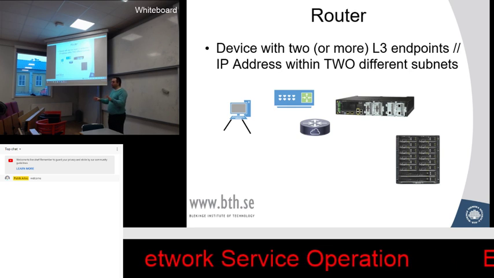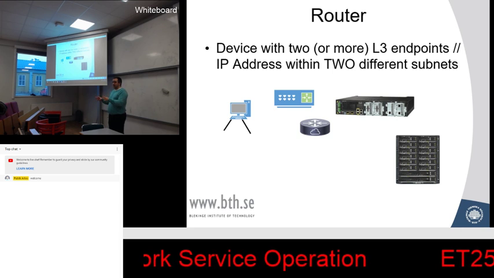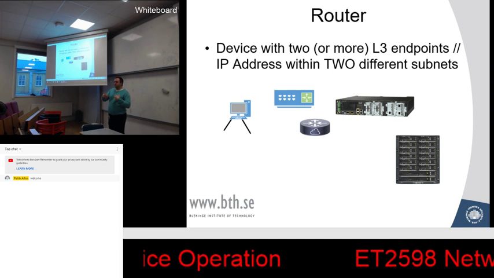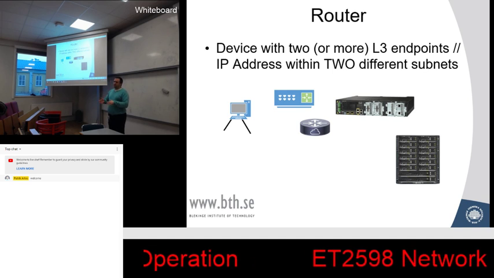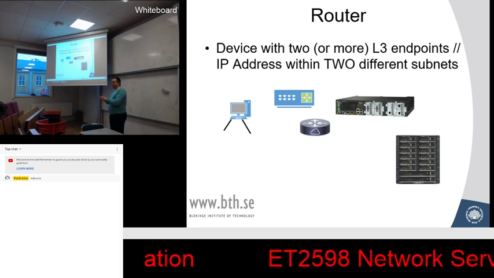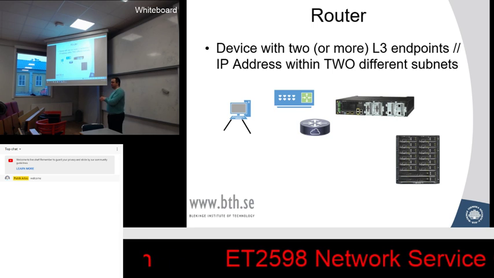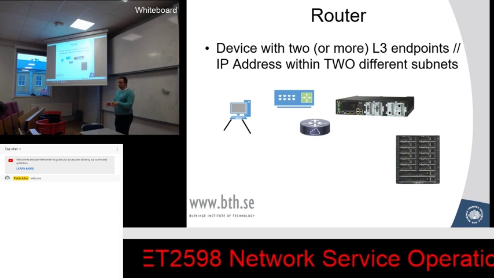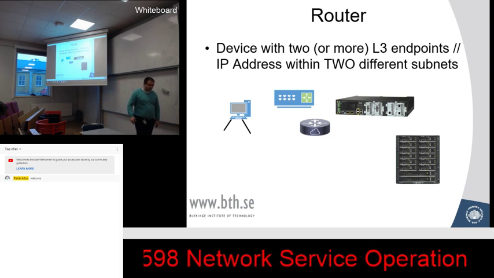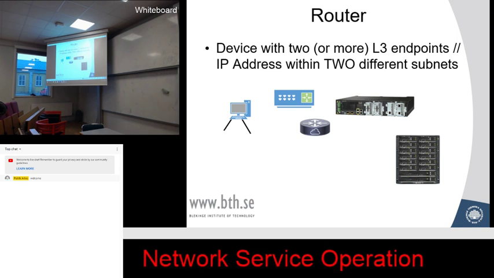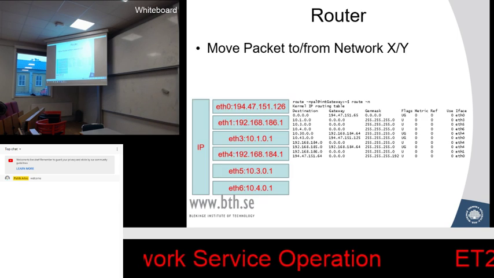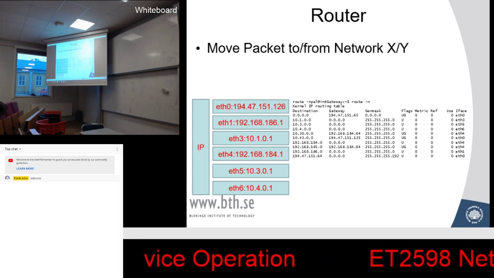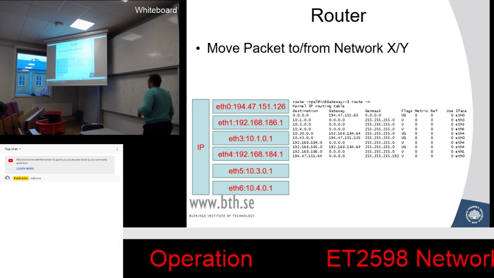That's the only thing it should do. It can do other things as well, like security, filtering, dropping, and stuff like that. But the primary task is to move packets from one network to another. That's it. No magic. Move packets to or from network XY.